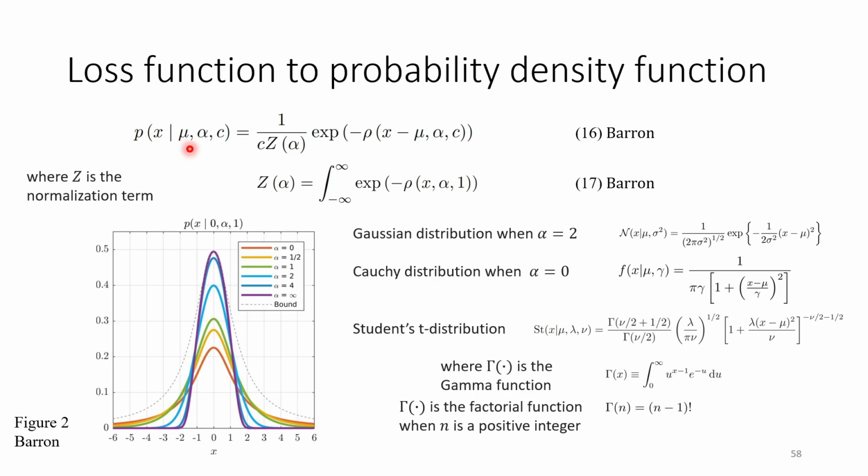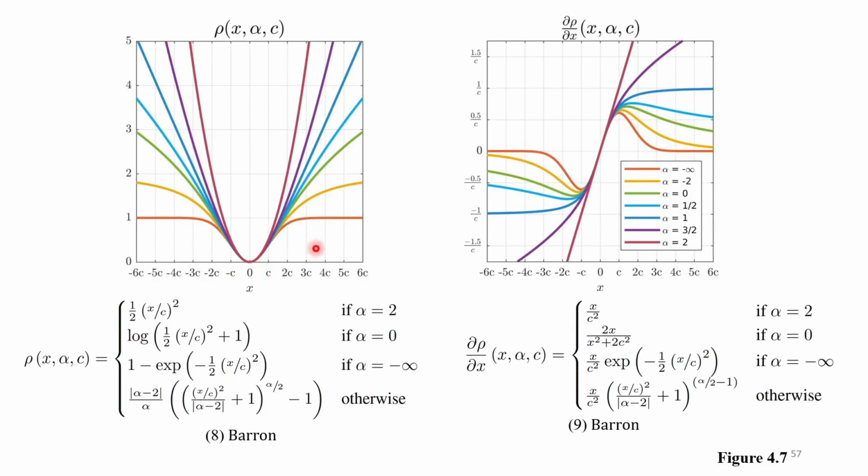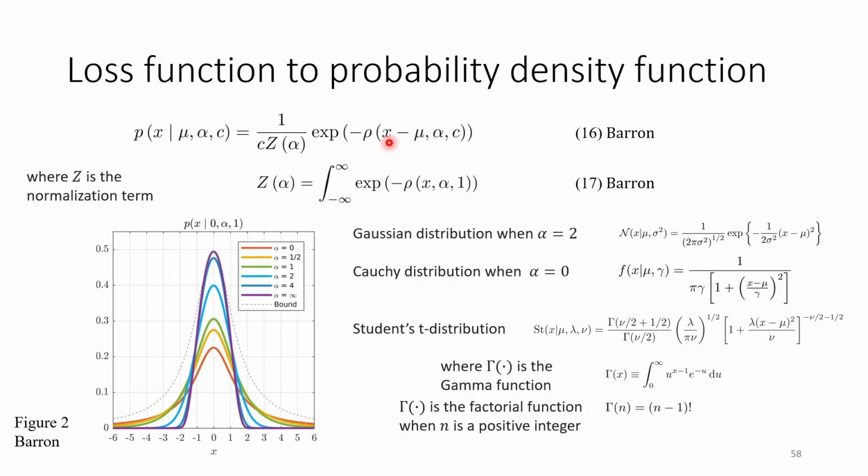So here the parameters alpha and c are the same, and we introduce a new parameter mu. Mu usually means the mean of the probability distribution. So here the function, originally written in the form x, alpha and c, becomes x minus mu, alpha and c, and this is the exponential term.